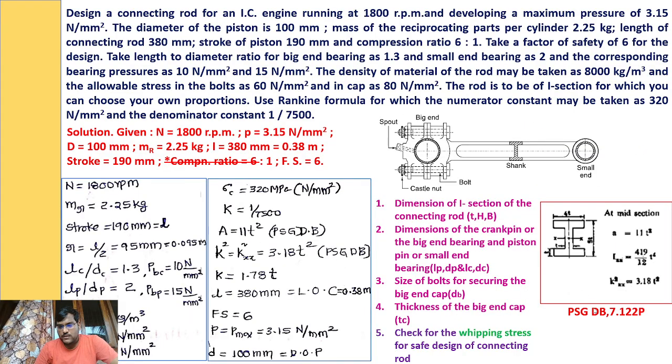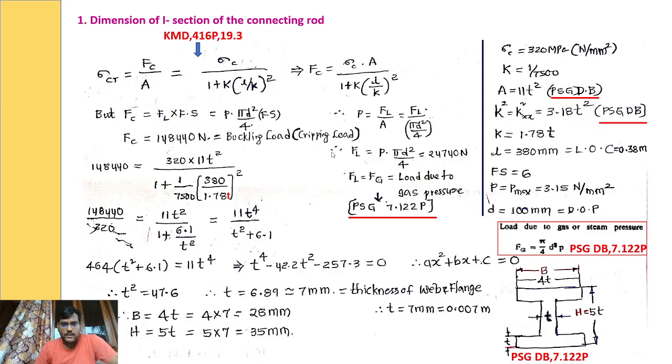See, this is the PSG data book page. This is the area, 11 t square, and moment of inertia and k. These are all given directly in the design data book, the PSG data book. The same values we are taking here. So area is 11 t square and k square value is 3.18 t square. There is some variation.